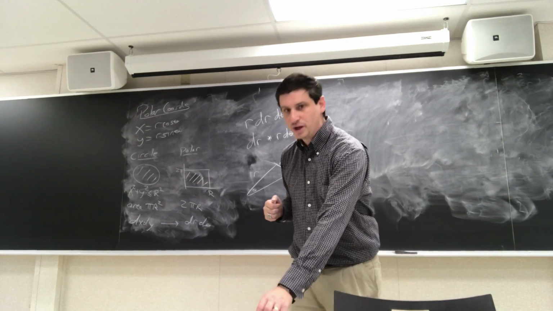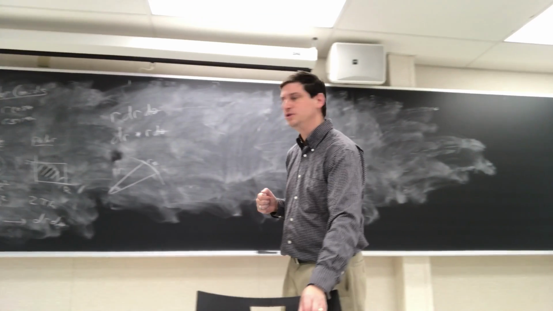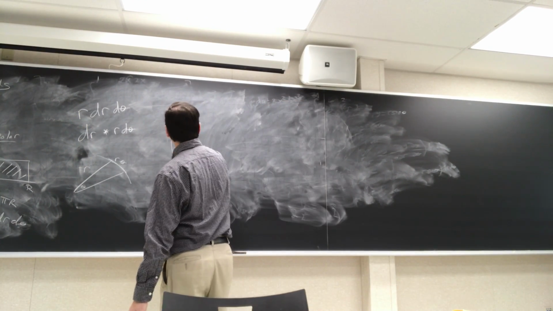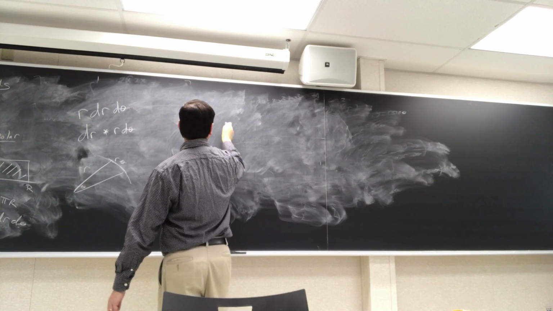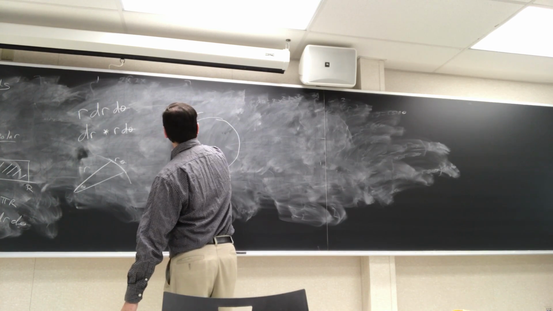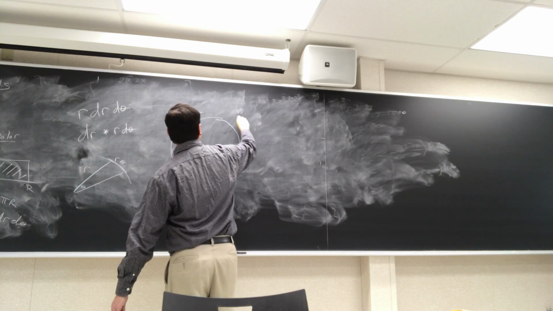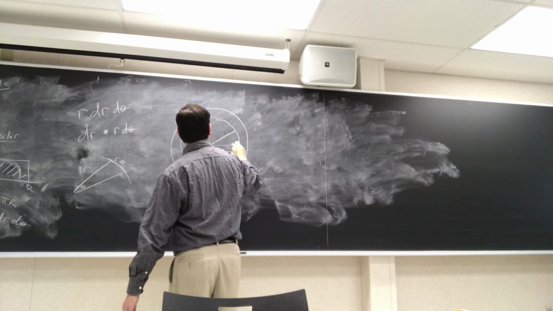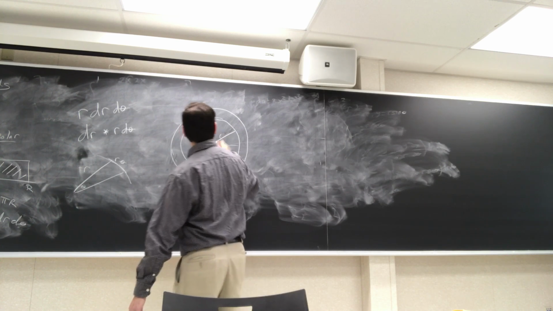Okay, so what I want to do now is the first justification for why it's r dr d theta. So we're going to start off, actually, I think I can even see the circle from 9 o'clock. So here is a circle. Here's my angle theta. Here's my radius r.